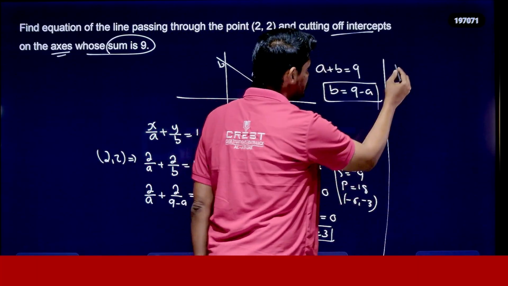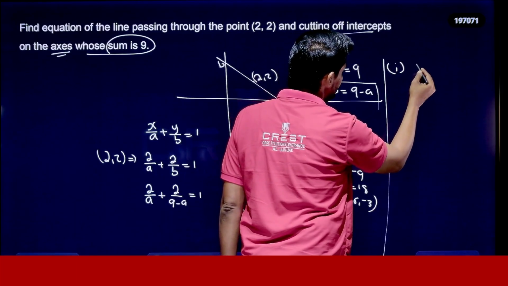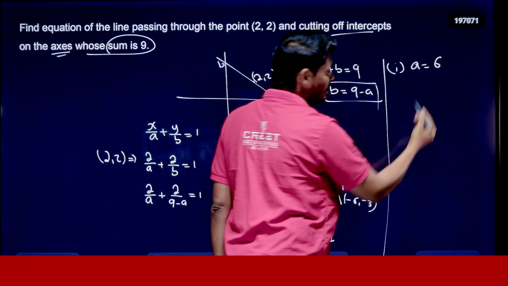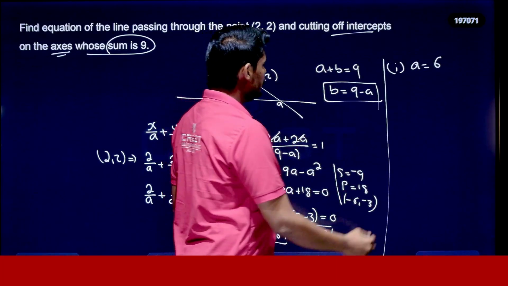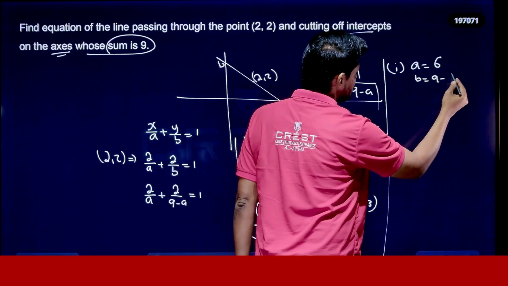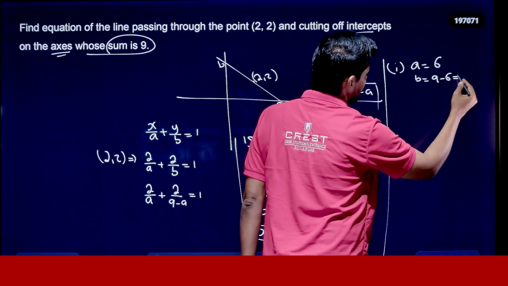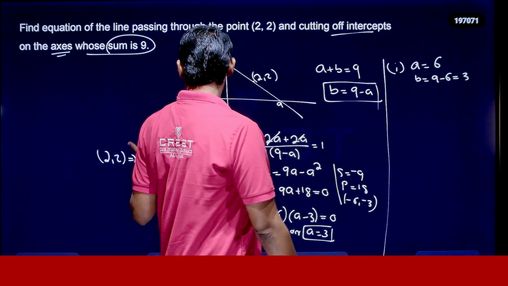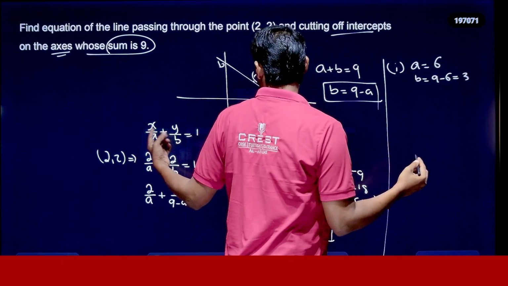Now the first case: if you are taking a equal to 6, then what is your b? b can be found by 9 minus a, that is 9 minus 6, that is 3. So you got a and b. We can apply the values of a and b in our equation.